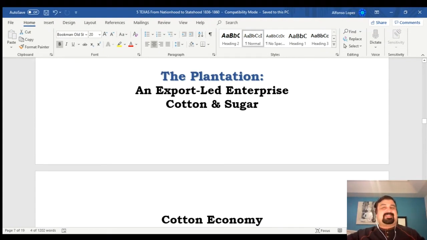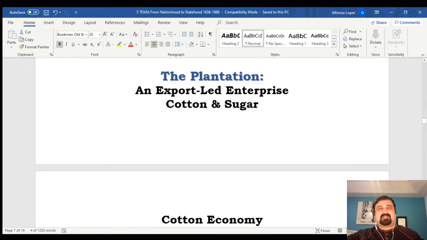Now, another enterprise that is going to develop during the Texas Republic was the plantation. So we mentioned that very early on. The plantation started arising in Texas when we see the colonization law that Mexico signed, allowing the states to proceed to invite colonization into their own states.